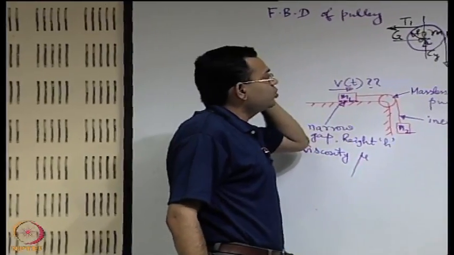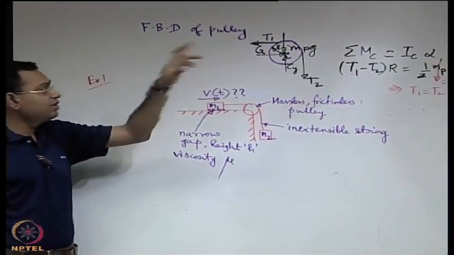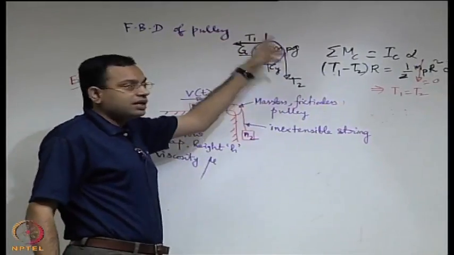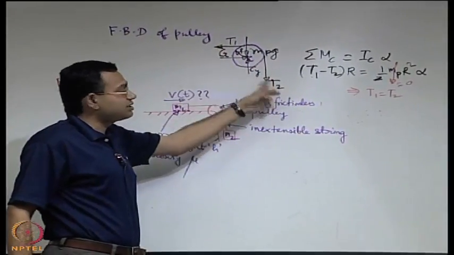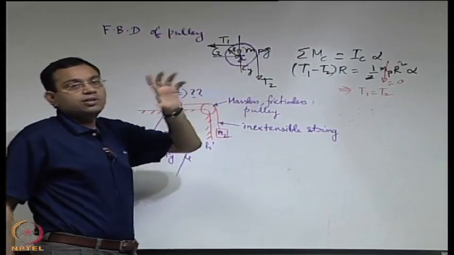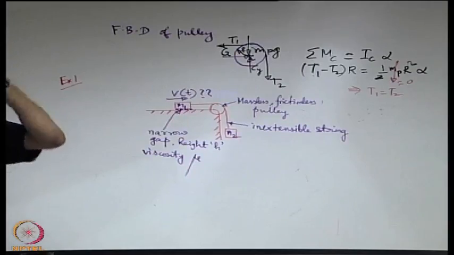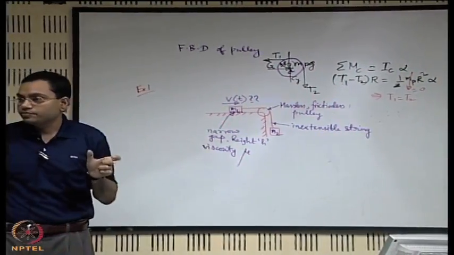Say you have encountered cases where you have a pulley with a string or a belt around it, and there is a difference between these tensions, and the difference is given by, if it is an impending slip, T1 by T2 equals e to the power coefficient of friction into the angle of wrap.